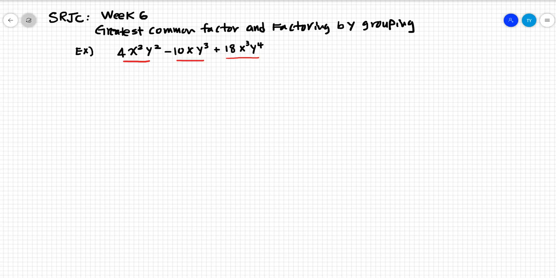Let's look at the constant terms first. You've got 4, then 10, and 18. What is the largest constant that you can take out? In other words, if you take out something and multiply it with something else, you get these numbers. The biggest number that you can take out of these 3 terms is 2, right?